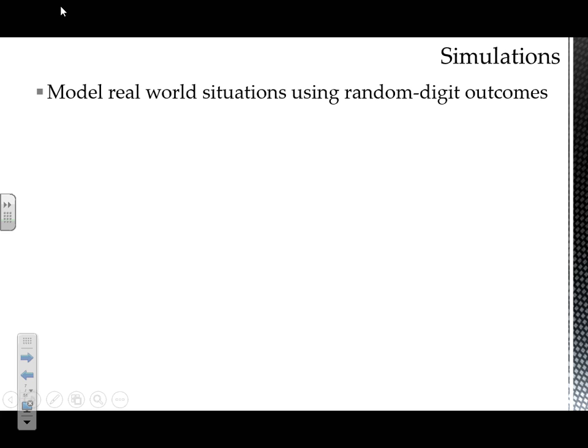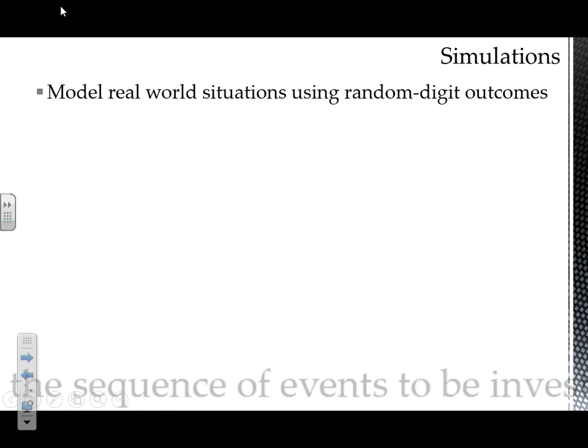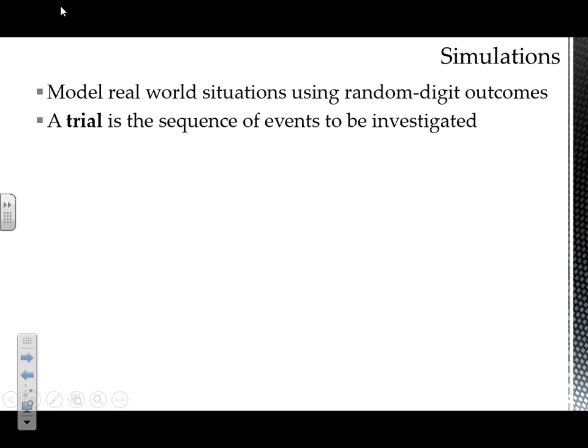If it's something that can be modeled with random digits, something that we know is a random phenomenon, something that we know is equally likely to occur, we can use simulations to run things much quicker and much cheaper. Okay? So we're going to be modeling real-world situations using random digit outcomes. That's why I gave you your Table Bs for today, because we're going to do an example where we use some random digits to model.